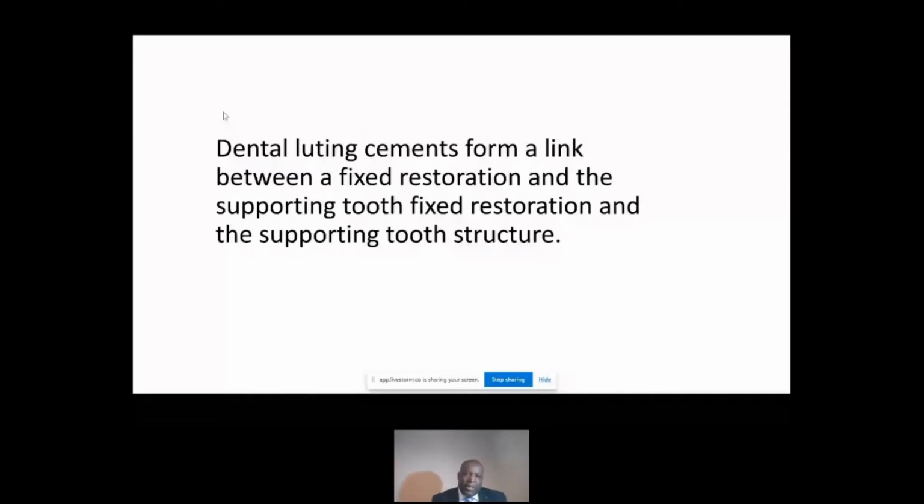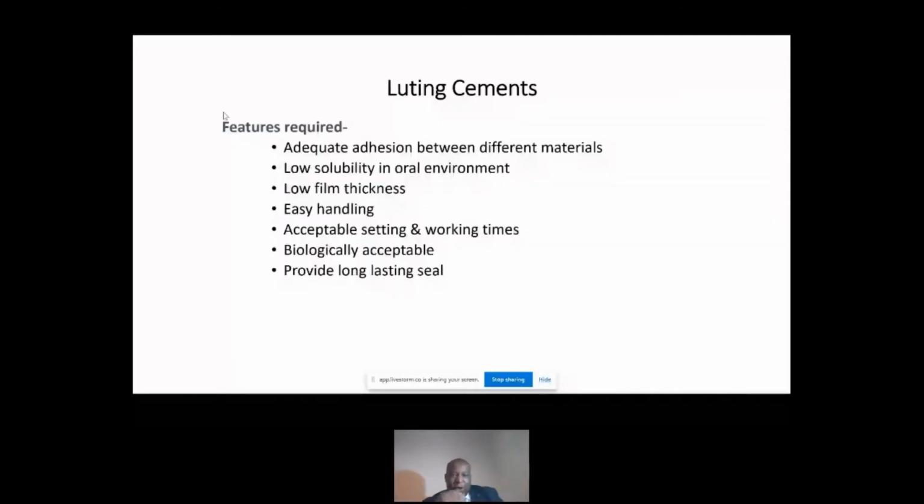So what are some ideal properties of luting cements? These are some of the ideal features of a luting cement. It must have low film thickness, because if it doesn't have a low film thickness, it could prevent the seating of the restoration, of the crown. The patient will be very happy about that. It also has to be easily handled. It has to be biocompatible.